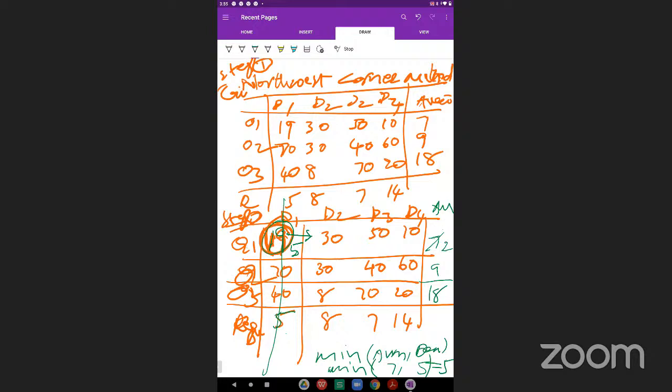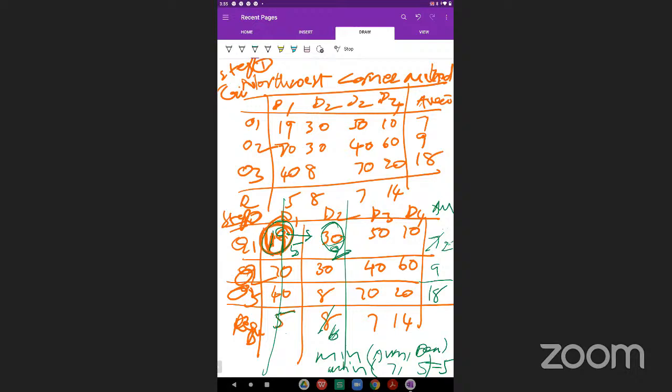Out of the 7 products, 5 are already allotted to destination 1. Only 2 availability is left. Here, origin 1 has 2 pending. The next demand is 8, so I will immediately distribute that availability to destination 2. So here I will allot 2. If we allotted 2, the balance is 6.